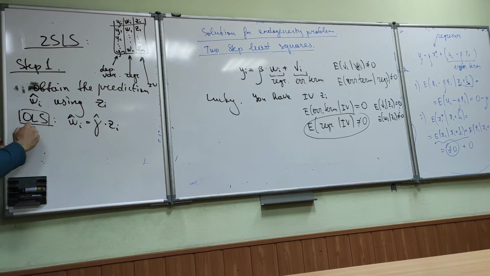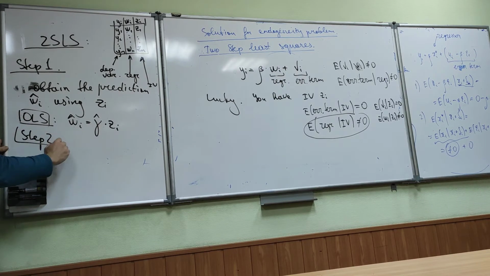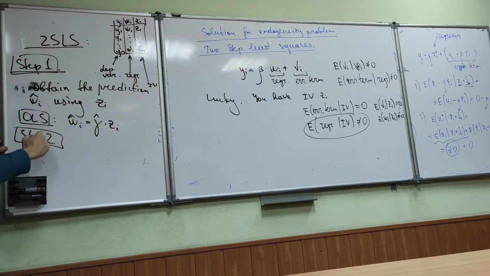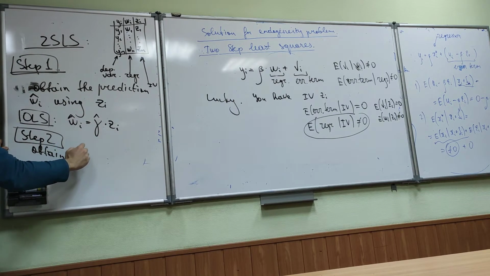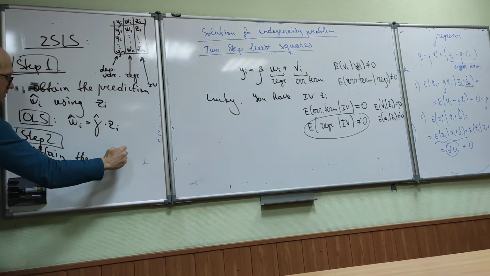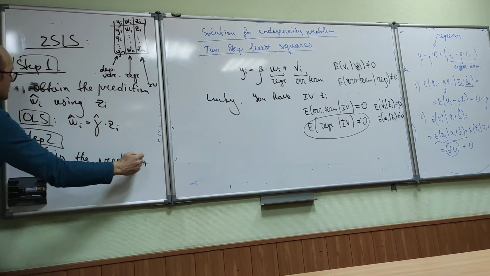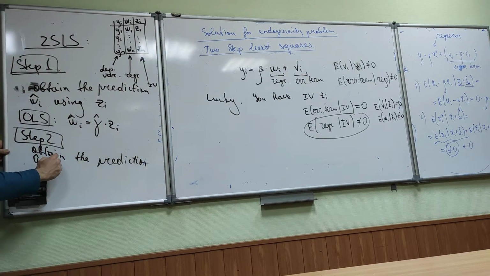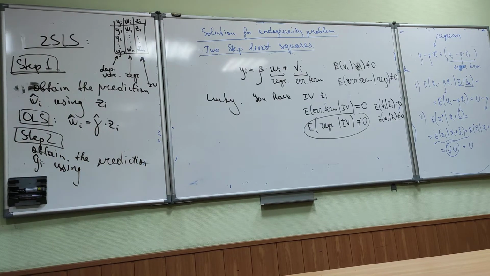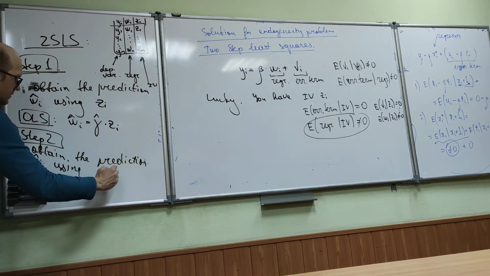And step two: obtain the prediction y hat using not your bad variable, but the predicted value of the bad variable, W hat.